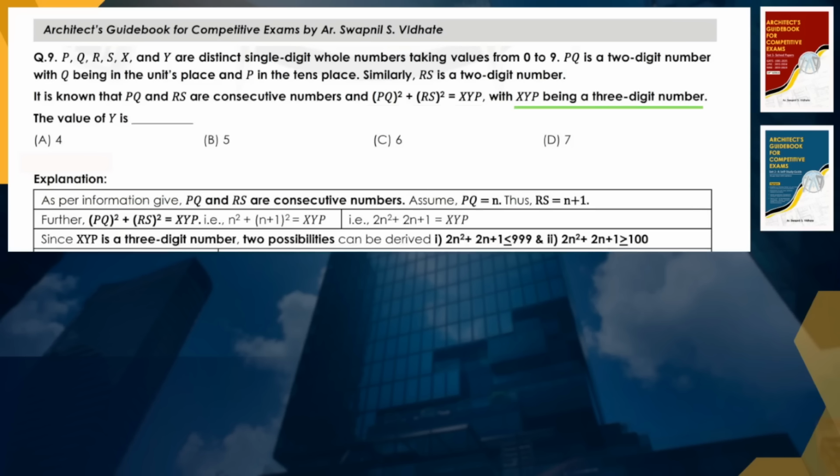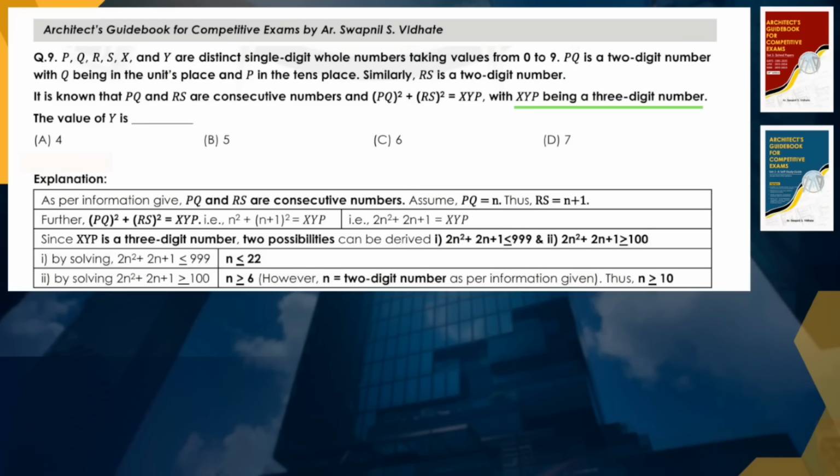Now in the third step, what they have mentioned, XYP is a three digit number. Now there are two possibilities. This 2N square plus 2N plus 1 will definitely be less than or equal to 999, right? Or 2N square plus 2N plus 1 will definitely be equal to or greater than 100, right? Because it is a three digit number.